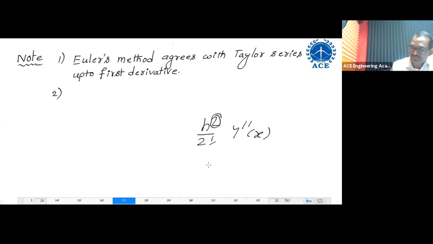Why is the error order 2? Because Euler's method doesn't equal Taylor series up to second derivative. That's why the error order is 2, but it is a first order method.